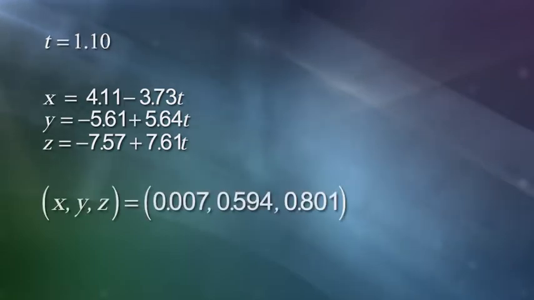The choice t equals 1.1 yields x, y, z equals 0.007, 0.594, and 0.801, whose vector length is 1.00 Earth radii. So this is on the surface of the Earth, and therefore we know these are the coordinates of the phone. So with just 4 satellites, we figured out how both the location of the phone, our GPS receiver, and also the time can be computed.